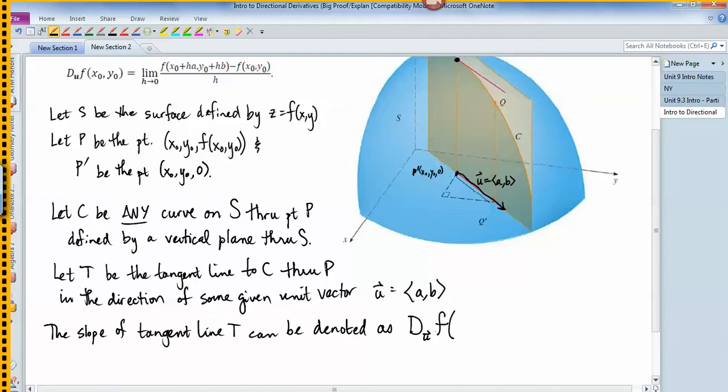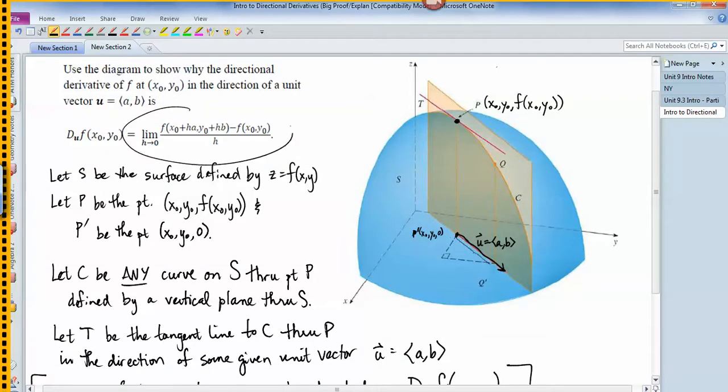And then we're plugging in the point. It's at x naught, y naught. Okay, so this right here, that's a definition. So we're going to try and link that to this thing right here, that limit.